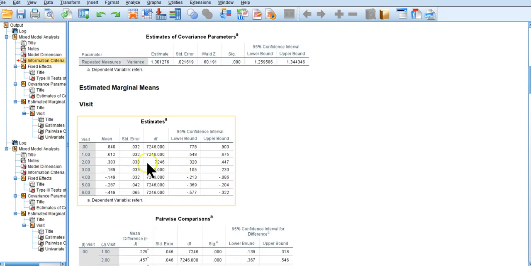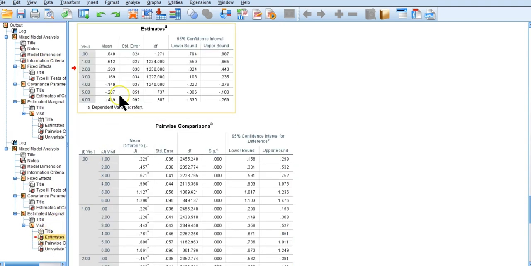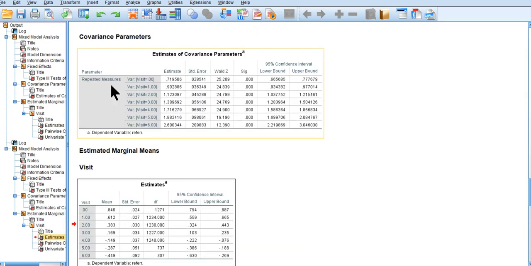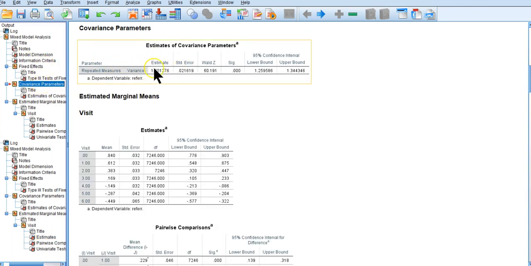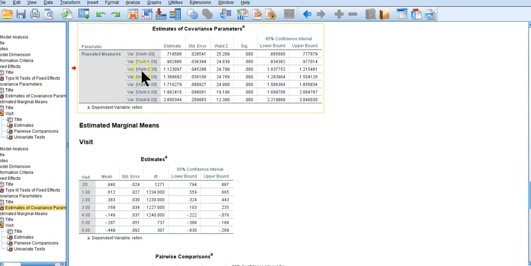If we look, our means are actually the same as they were before. Whoops, that's the one before. So 840, 612, 840, 612. And the estimate of the variance, now instead of just the 1, like was up here, we have 7 variances that are accounted, 0 plus 1 through 6.